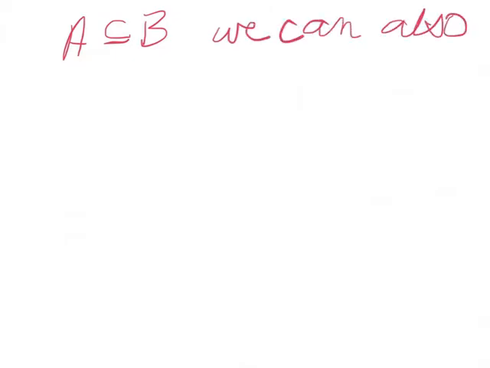Now of course, if we can say A is a subset of B, then we can also say A is not a subset of B. So when is something not a subset? Well, let's take an example.